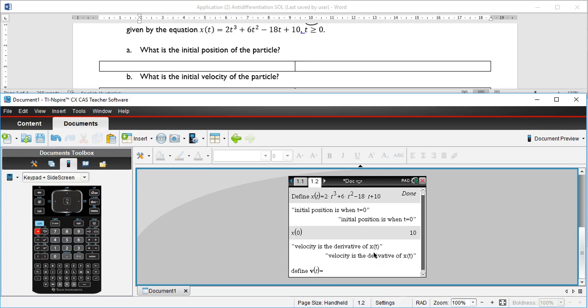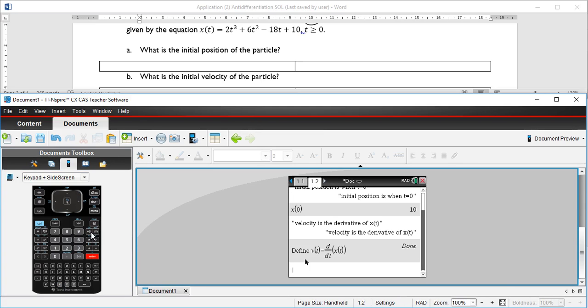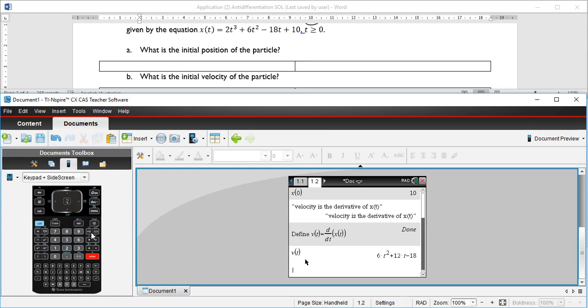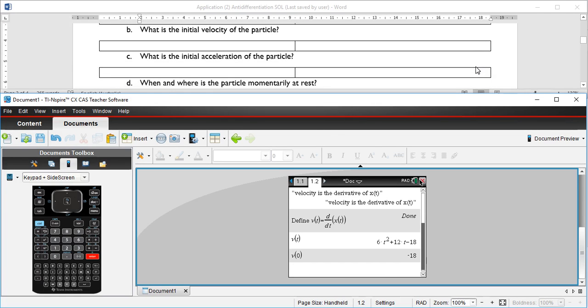It has to be in terms of t, the derivative of x of t. So v of t is now 6t squared plus 12t minus 18. To find the initial velocity, I just need to sub in 0. So negative 18 meters per second is going to be the initial velocity.